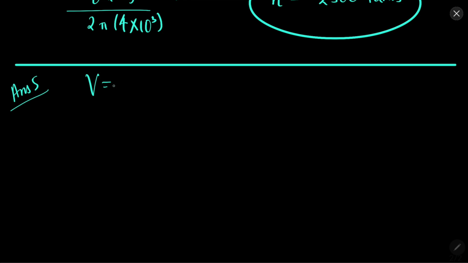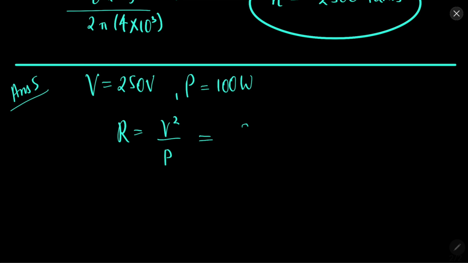Fifth one, voltage is 250 volt, power is 100 watt. R will be V square over P. So we will have 625 ohms.